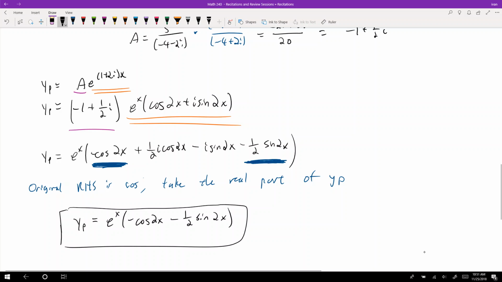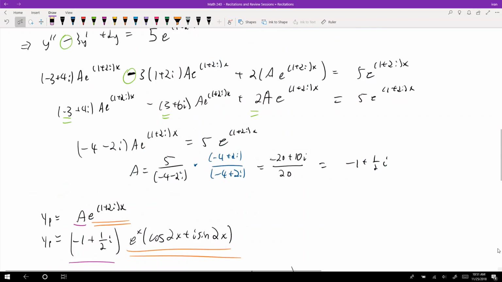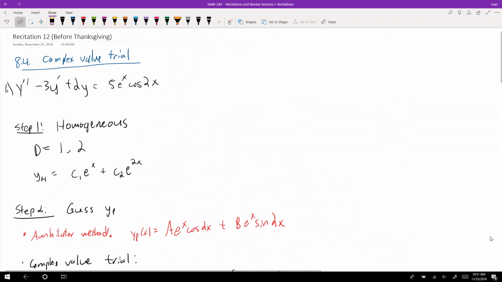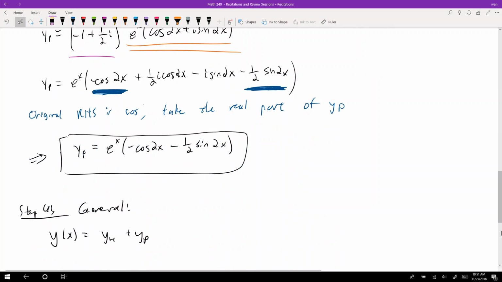And then to finish the problem off, step 4 is the general solution, and essentially y of x is equal to yh plus yp, and we have yh up here, and we just add it to yp, which we found right here, and then we're done.